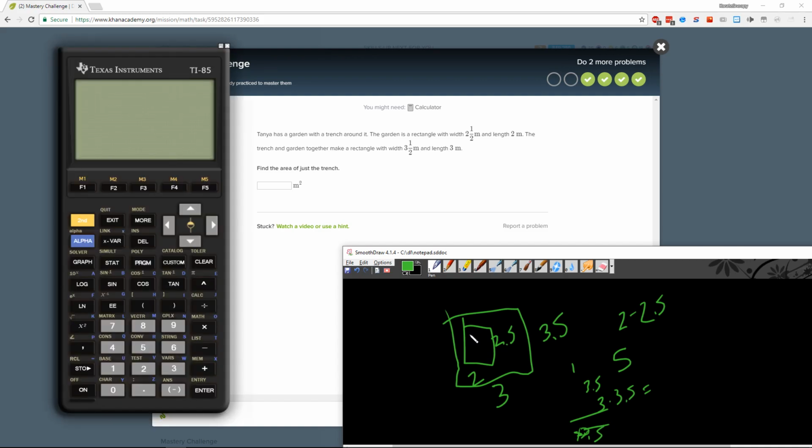Oh yeah, that's right, 10.5. So the area of just the trench is 5.5. Looks like.